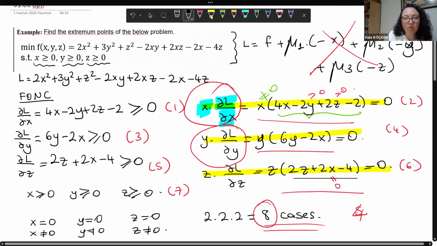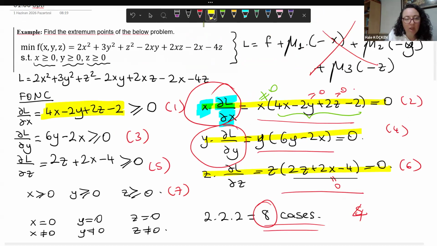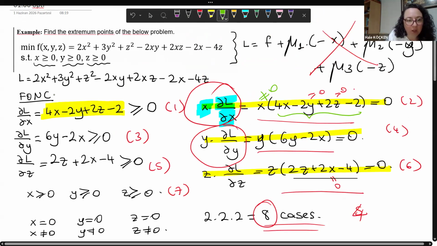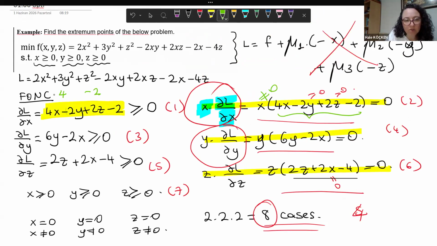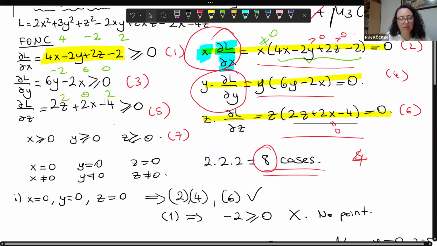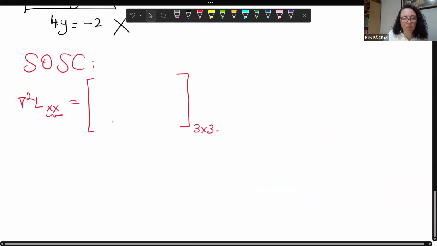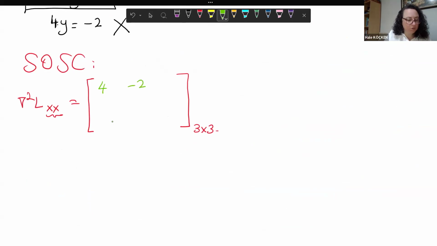For example, I will focus on the first derivative. I will focus on this one and take the derivative with respect to x. It will be 4. It will be minus 2 with respect to y, and it will be 2 for z. So second row, minus 2, 6, and 0. Third row, 2, 0, and 2. Okay? Let me write it here. 4, minus 2, 2.